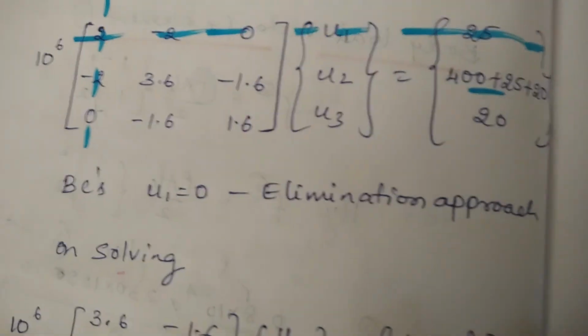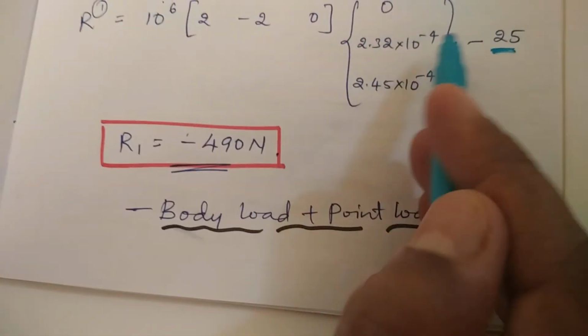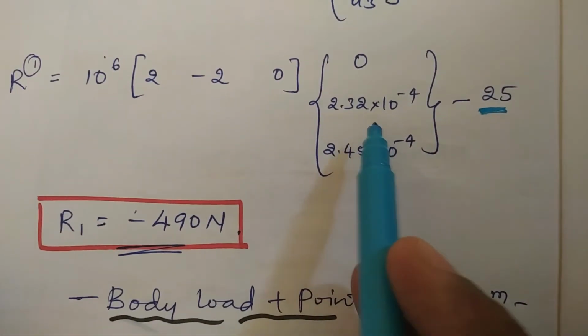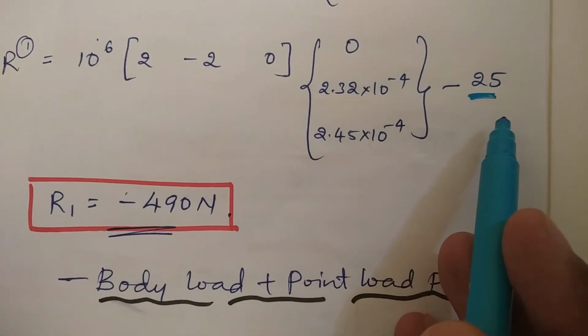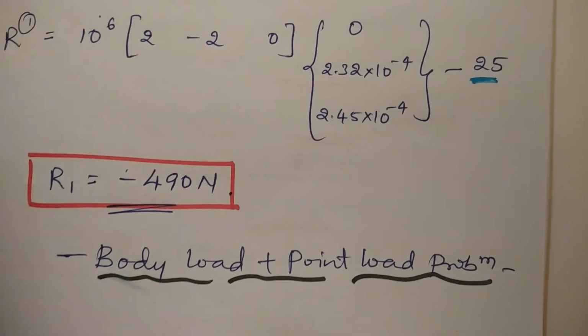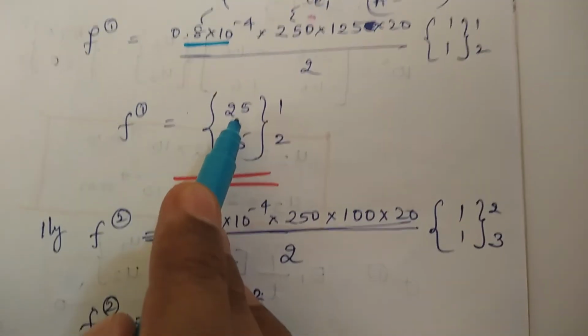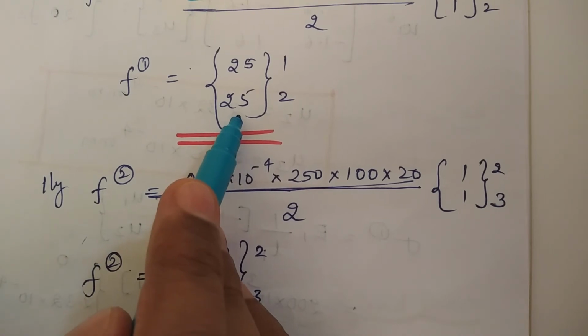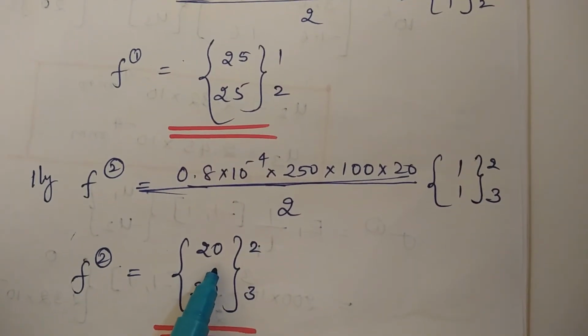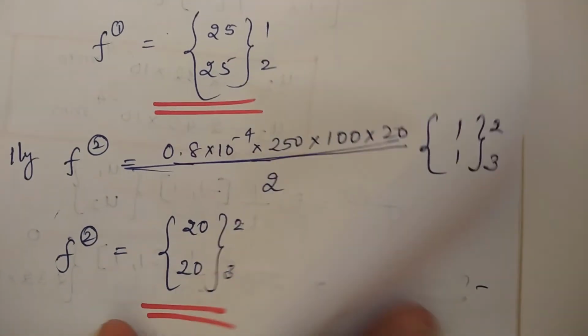So take that into effect. U1 is 0, the U2, U3 values which you found, minus 25, which is the value at node number 1. This 25 is F1, this is F2. F2 is this to be added, F3 is 20.